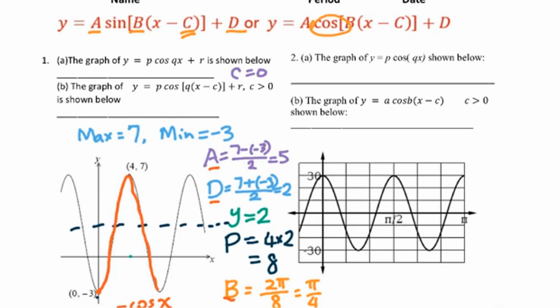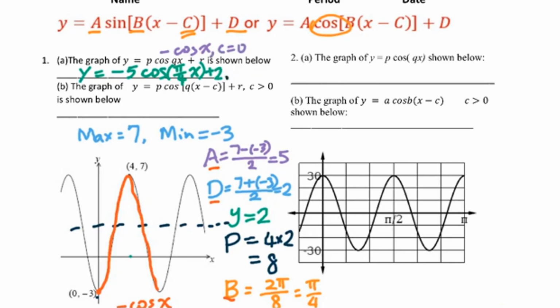But remember, that's a negative cosine pattern, according to the graph we drew. So y equals negative, A is 5, cosine, B is pi over 4, x. Then plus d, that's plus 2.